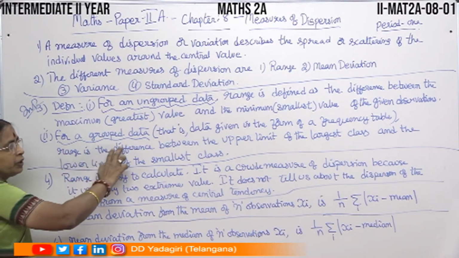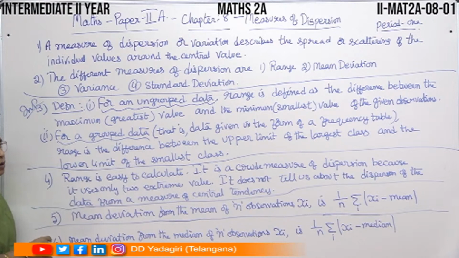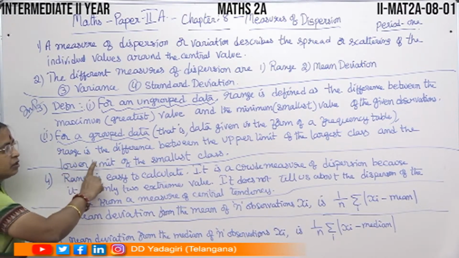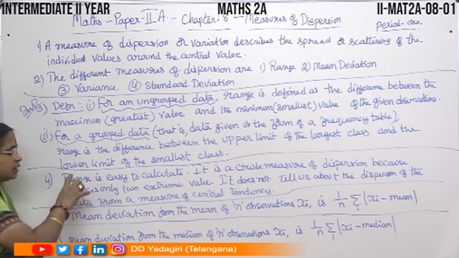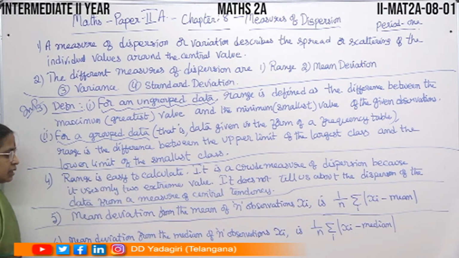And for a grouped data, that is when it is given in the form of a frequency distribution table with class intervals and frequency, range is the difference between the upper limit of the largest class and the lower limit of the smallest class.